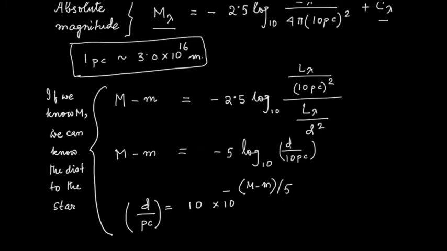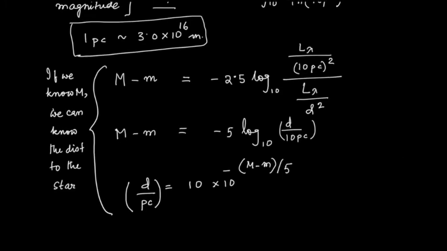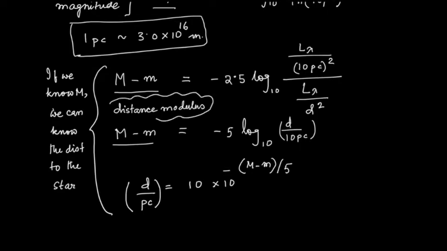These objects are called standard candles, and this way, because we can measure the distance, m minus M is called the distance modulus. And when we discuss cosmology, you will see that this has an immense importance in cosmology.